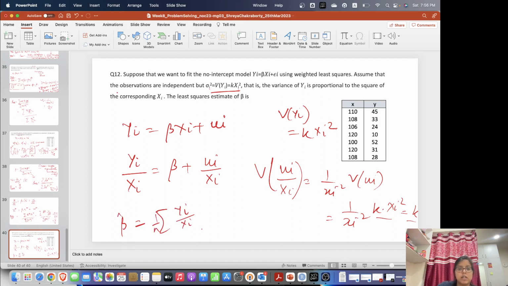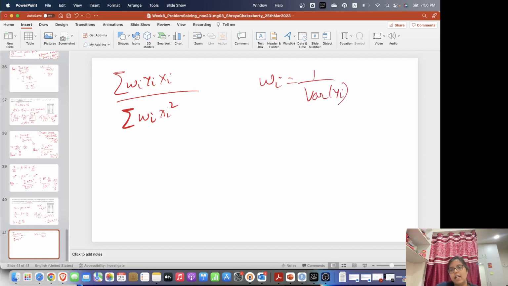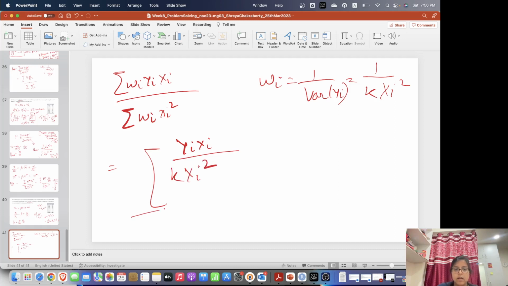And also if we put these values in the previous estimate that we were considering, summation wi xi yi by summation wi xi square, where wi is 1 by variance of yi, which is 1 by k into xi square, putting it here we'll have yi xi by k xi square divided by summation 1 by k xi square into xi square.